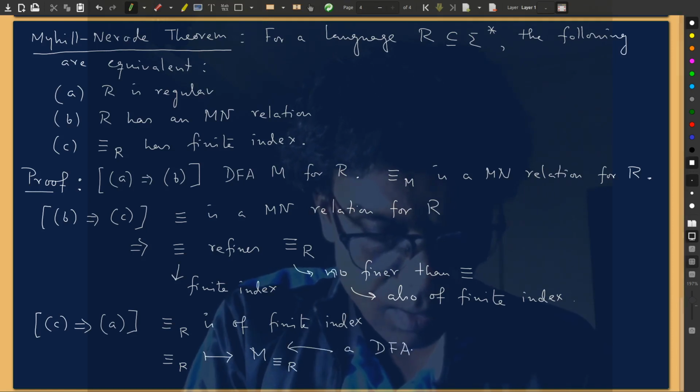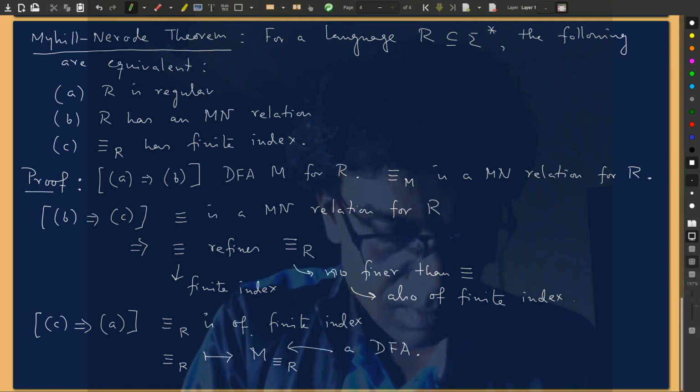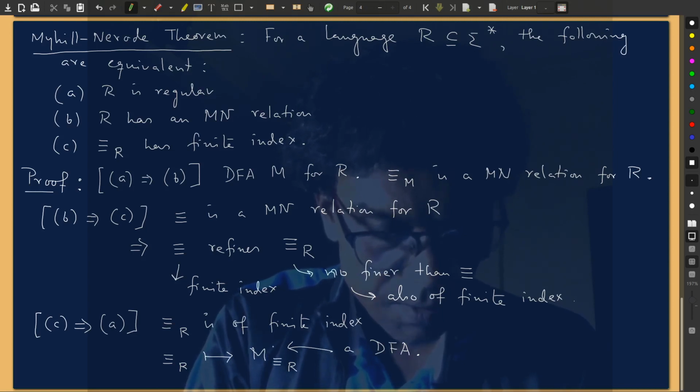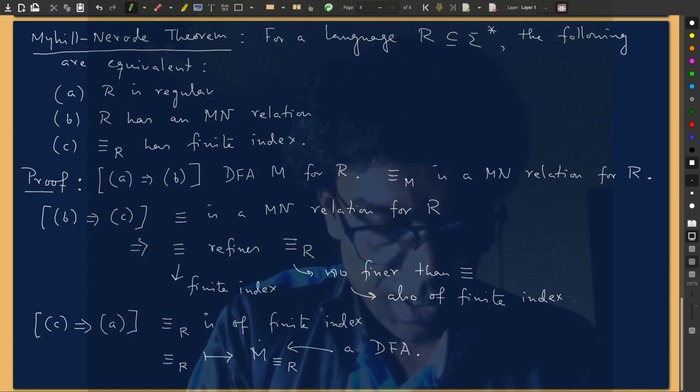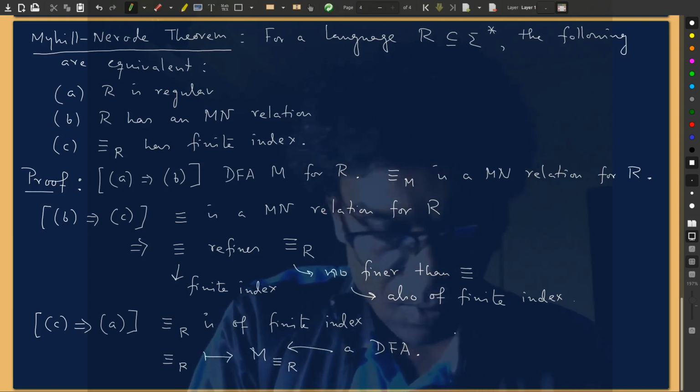Why? Other things are clear. Since this is a finite index, this means this has finitely many equivalence classes, and the states of the machine are these equivalence classes. So this machine, which behaves like a DFA, also has a finite number of states. Okay. So that's the end of the proof.